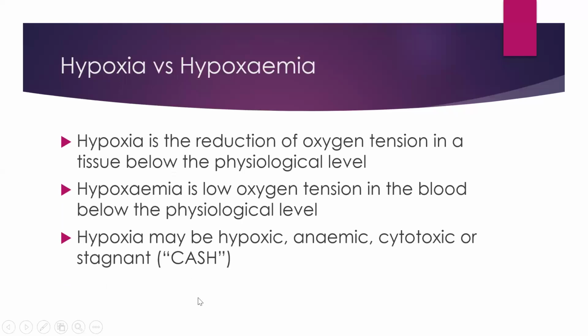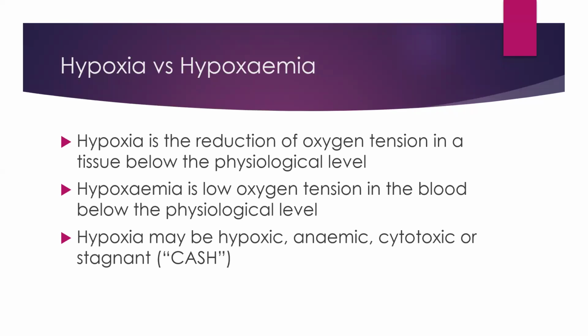So we look at hypoxia because when we're talking about oxygen therapy, we need to talk about hypoxia. And for the sake of academic purpose, we must remind ourselves the difference between hypoxia and hypoxemia. A lot of times we use them interchangeably, but it is important for us to differentiate between the two.